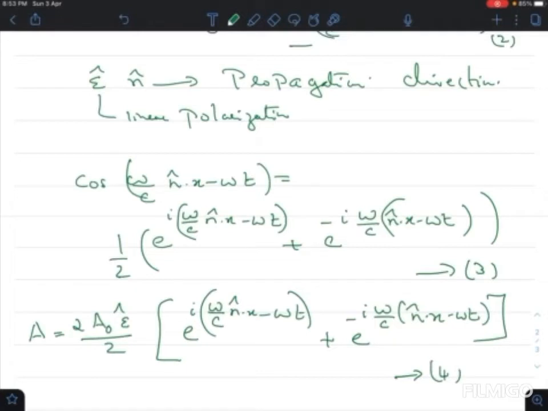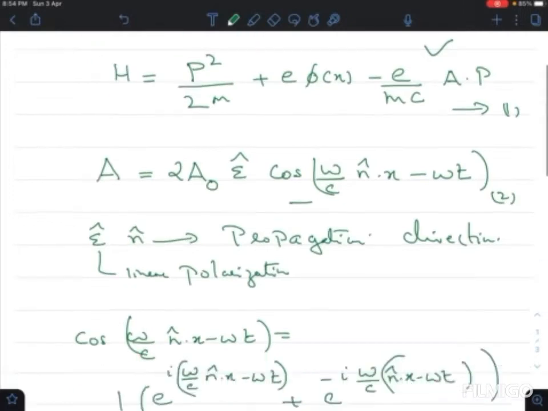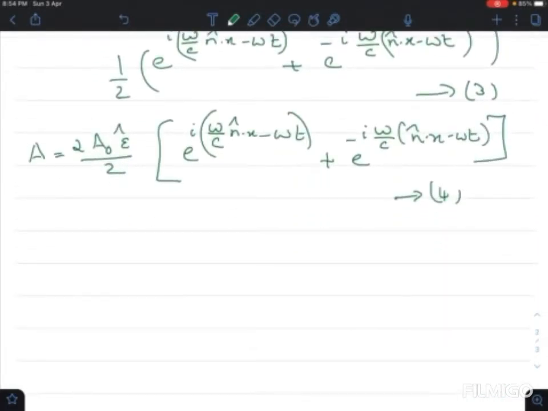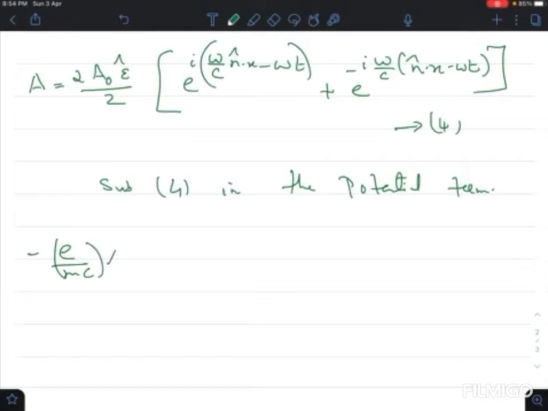So you can substitute this equation 4 in your equation 1. Here we have H equal to T plus V, so we can take up this potential, minus e by mc into A dot p. How will it look when you substitute for A? Substituting 4 in the potential term, we have minus e by mc into A dot p.